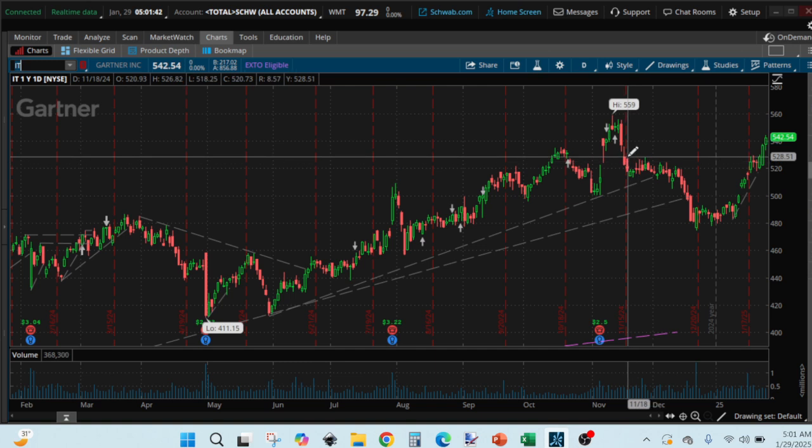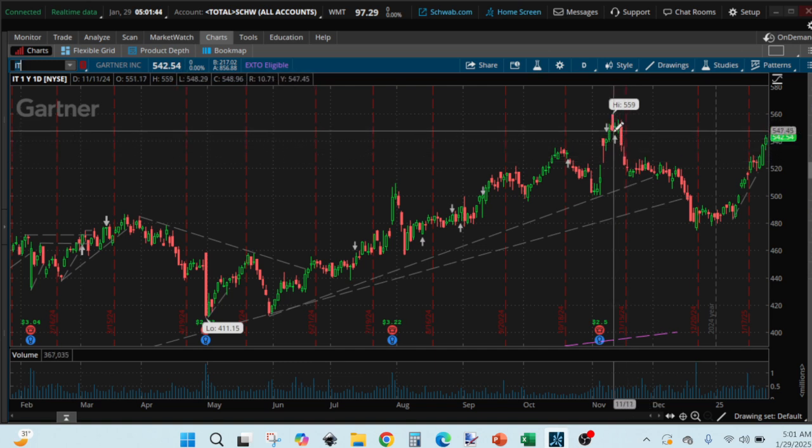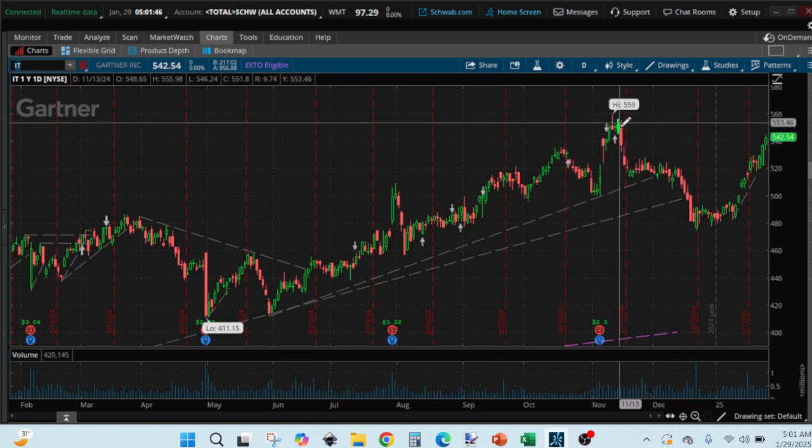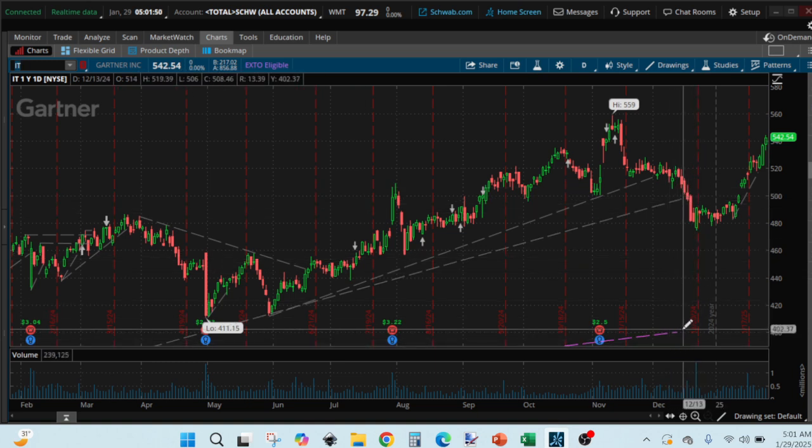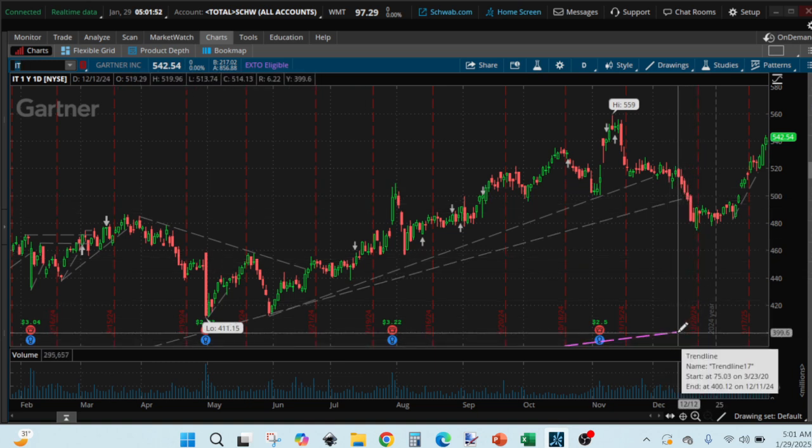But anyway, after we made the purchase somewhere here, it pulled back on us, and we traced our trend line that we like to get in. Having those trend lines though, we'll see that with some stocks, they do respect those trend lines that we trace, and some of our stocks do not.